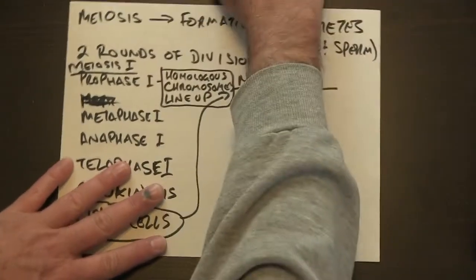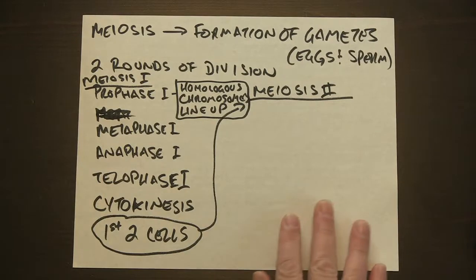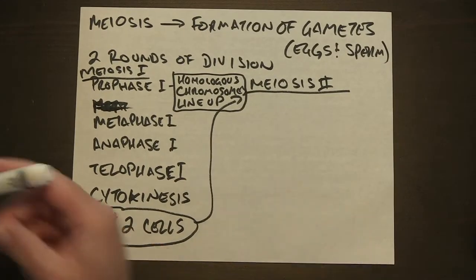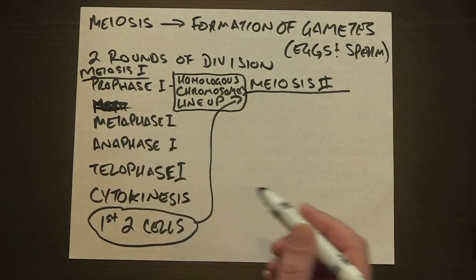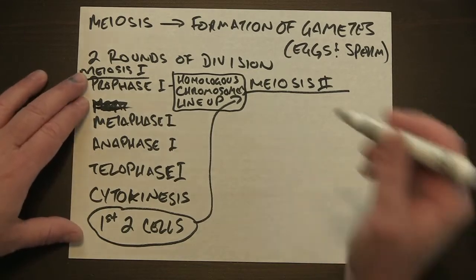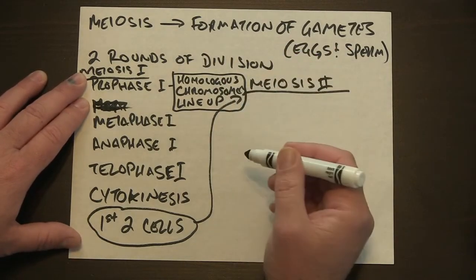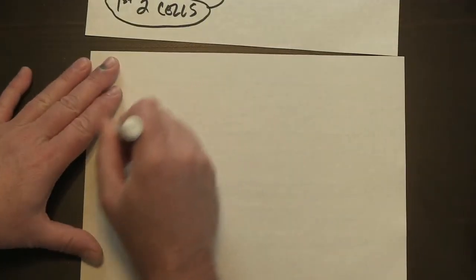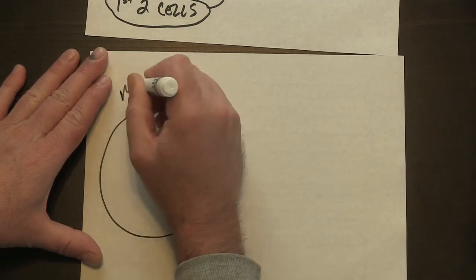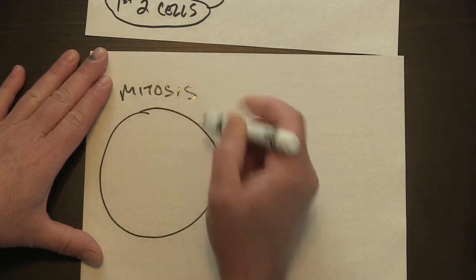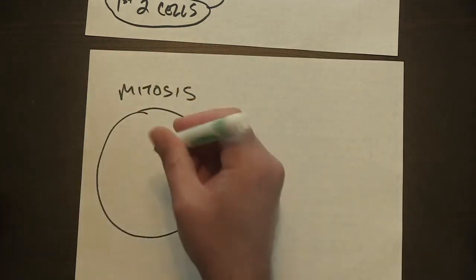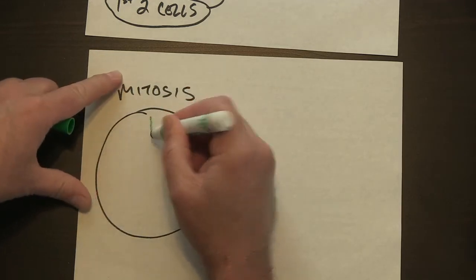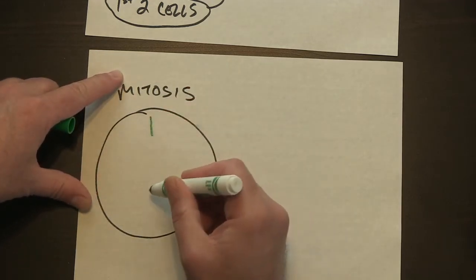So let's go back. So during prophase, the homologous chromosomes, let me draw this real quick. In mitosis, the homologous chromosomes, I'm just going to draw them the same color.